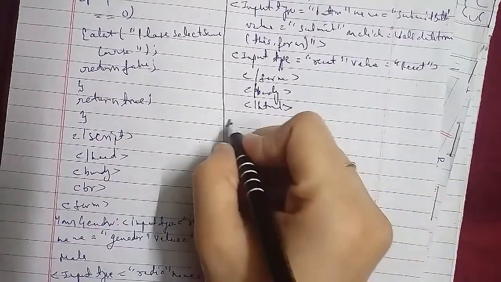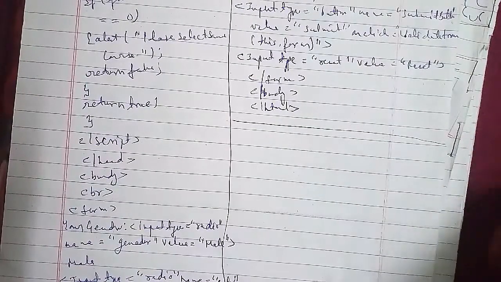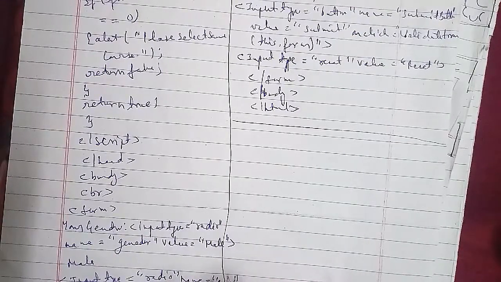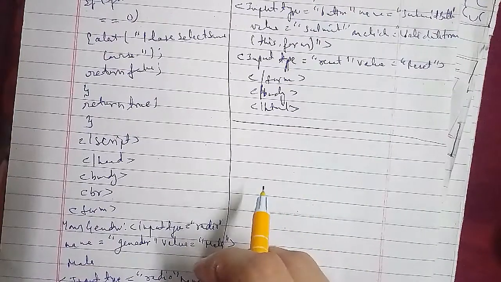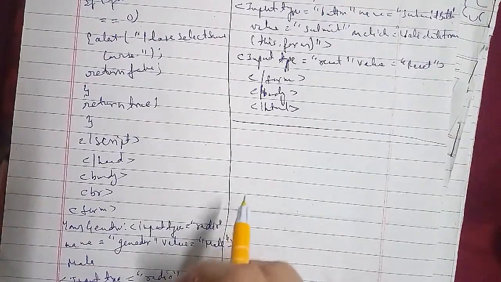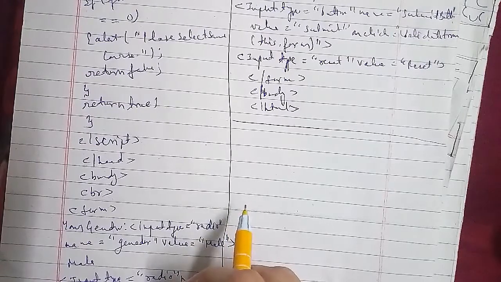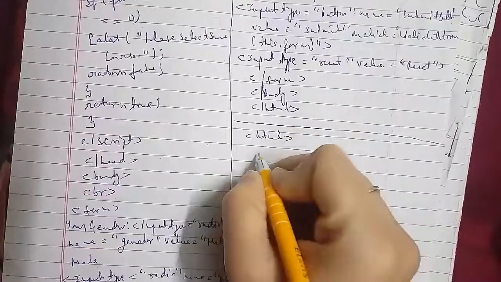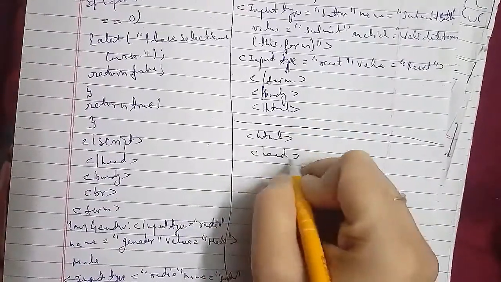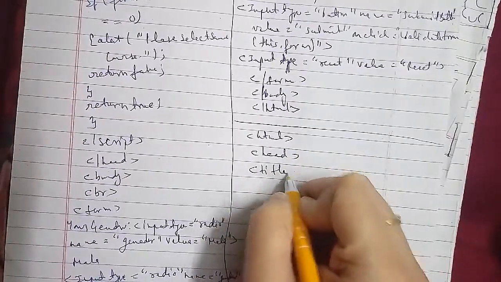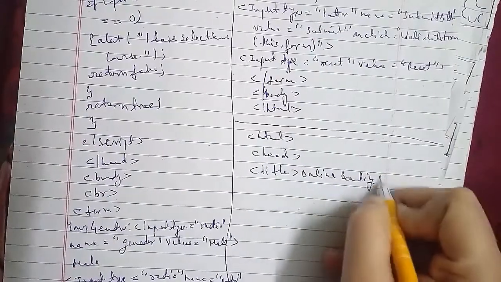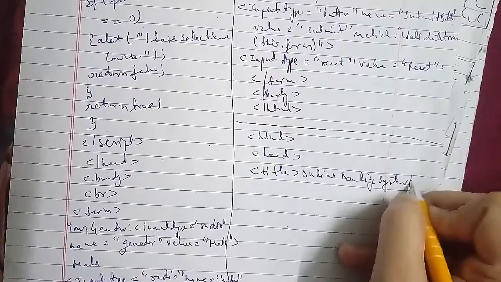Then table. Here I will start with tr, td, b, that is name, b tag close, td tag close, then td again, then after that input type equals to text name equals to username, tr tag close, then again tr tag.